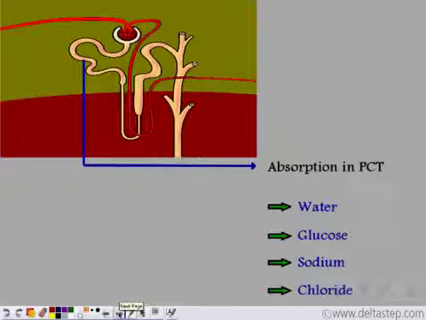In the proximal convoluted tubule, absorption of water, glucose, sodium, and chloride takes place from the glomerular filtrate.